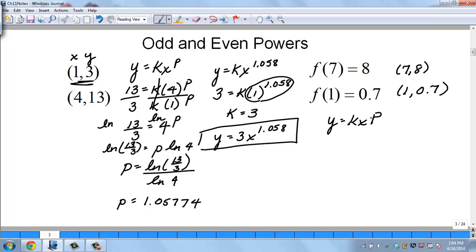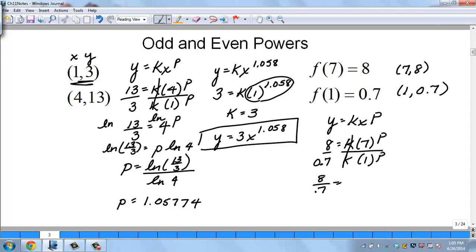And I'm going to use the bigger number on top, the bigger y, I guess, and the power in this case. I have 8 equals k 7 to the power. Divide. I have 0.7 equals k 1 to the power. So now I have 8 divided by 0.7.